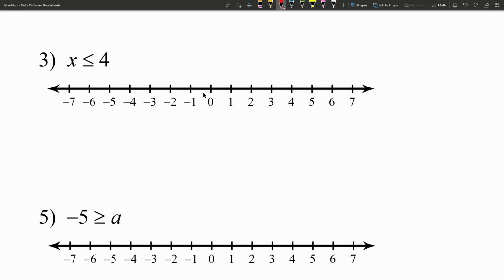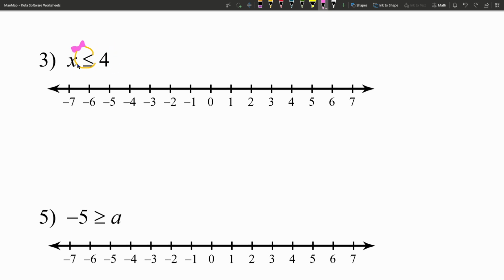Let's move on to number 3. In number 3, we have that x is less than or equal to 4. Again, I know it's less than or equal to because if I was to draw Pac-Man or Miss Pac-Man, and I'll put the bow in her head, you can see that they're eating that larger number of 4.